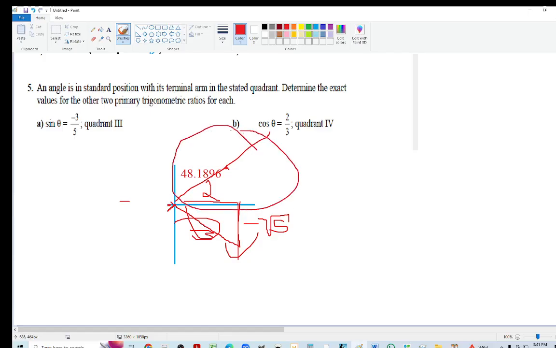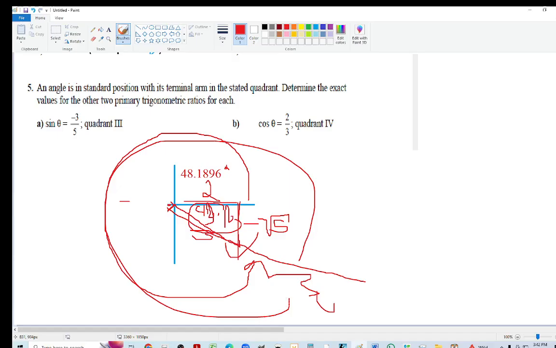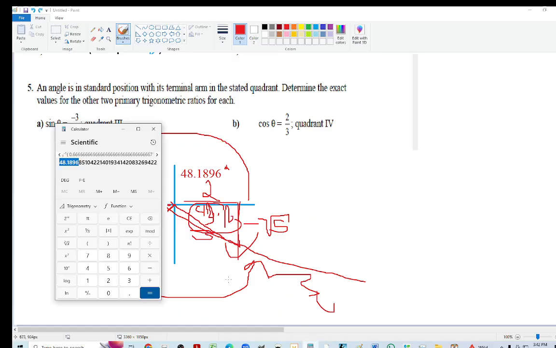And that's because your calculator will always spit out quadrant 1. If they were to ask you what the actual terminal angle is for this, you'd have to go all the way around. And you'd realize that this little angle here is 48.18. And you would just take 360 minus this to figure out the terminal angle. I'm just going to cheat a little and subtract 360 and make it positive.